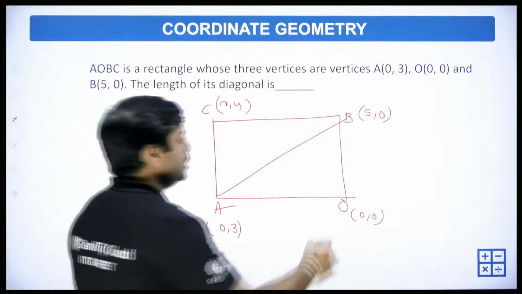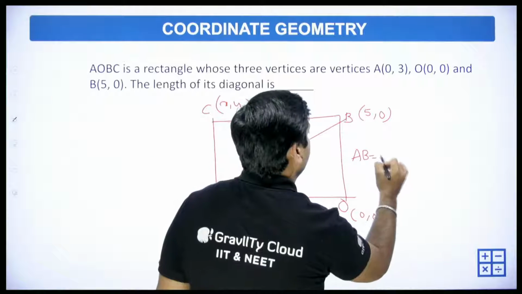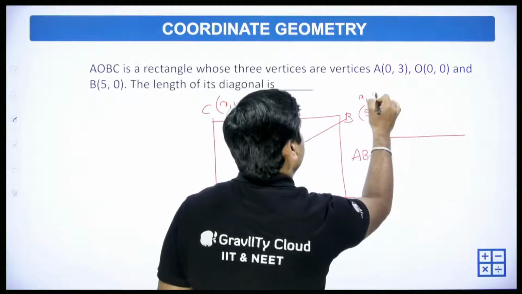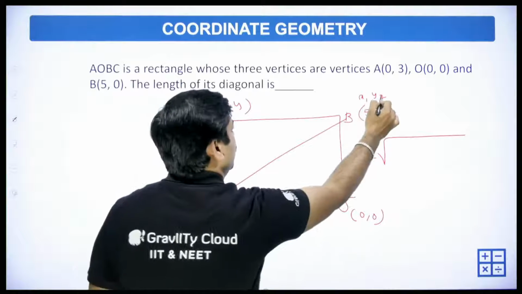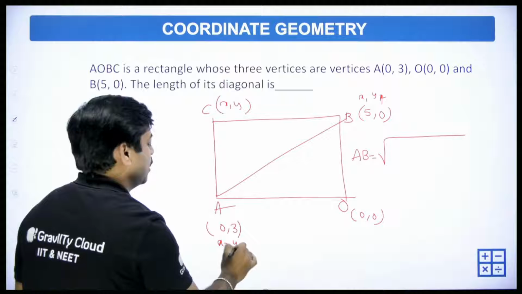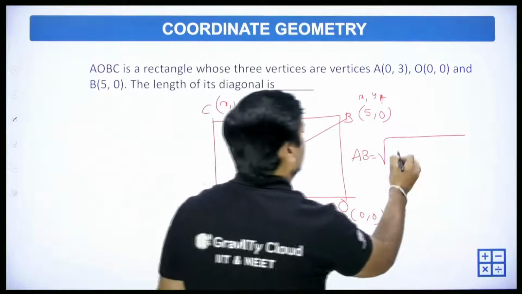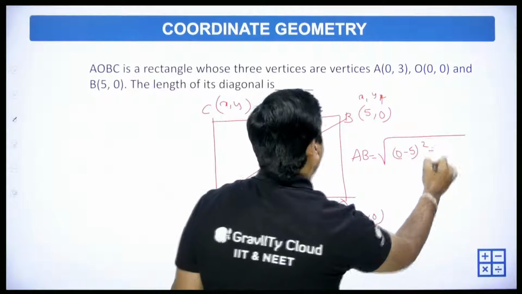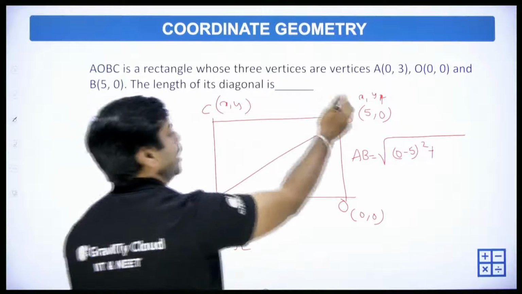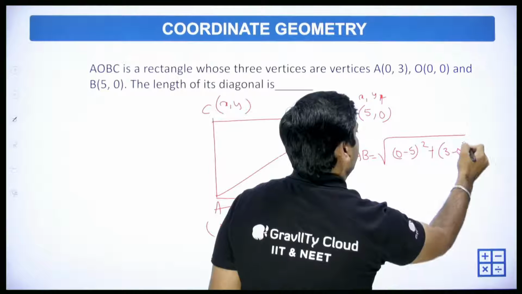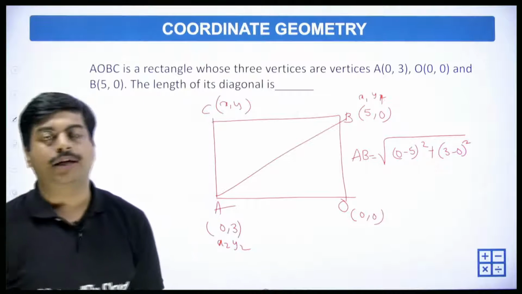Okay, so AB is equal to root over, this is x1, y1, and this is x2, y2. So x2 minus x1 whole square, 0 minus 5 whole square, plus y2 minus y1 whole square, 3 minus 0 whole square. That is the distance between 2 points formula.